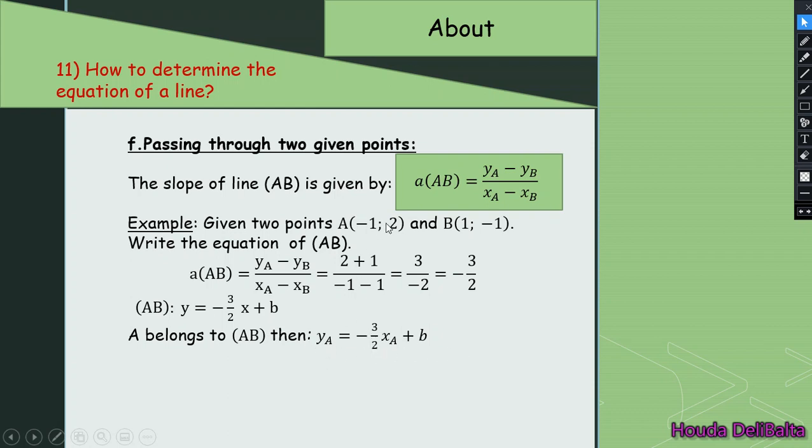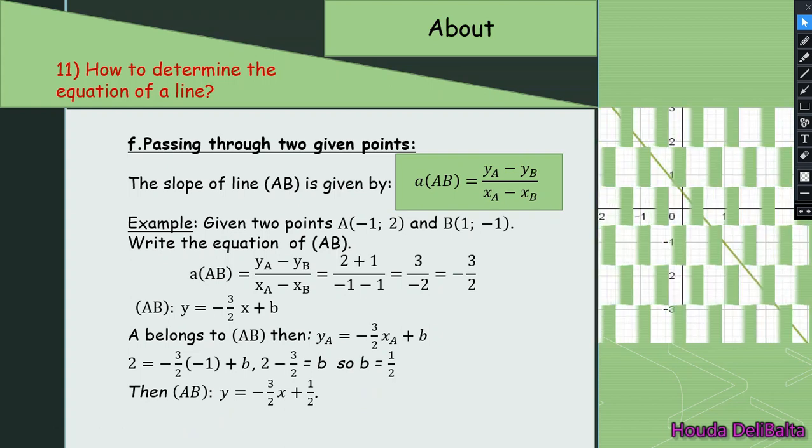In place of YA I put 2, in place of XA I put -1, and after some calculations I get b equals half. Then the equation of line AB is y equals -3 over 2 x plus half.